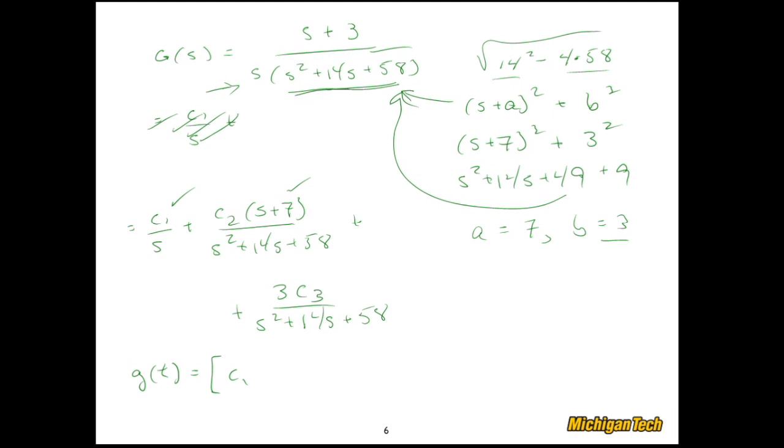So I have a C2 times the S plus A, so that gives me C2 e to the negative 7t cosine b of t. My b was equal to 3. Then I'll have a plus C3 e to the negative 7t again, sine 3t. The whole thing times a step.